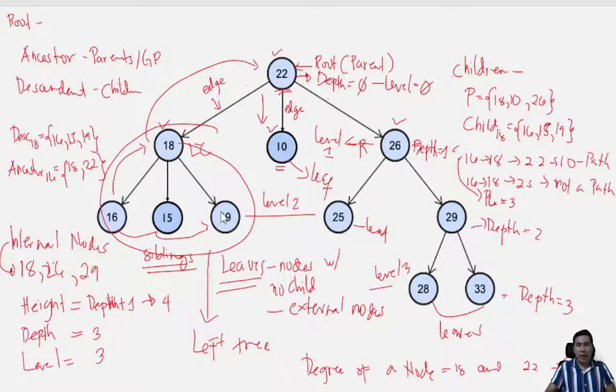How about if you have a collection of trees? Let's say, for instance, you have another tree here, and also another tree here. This is a collection of trees, like in our file system, where local disk C is actually considered as a tree. Then local disk D is another tree.